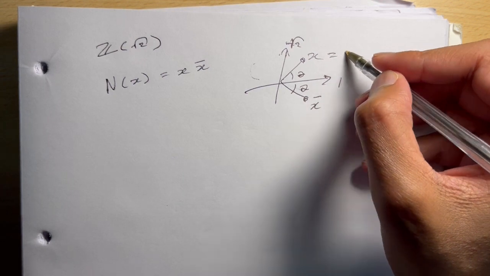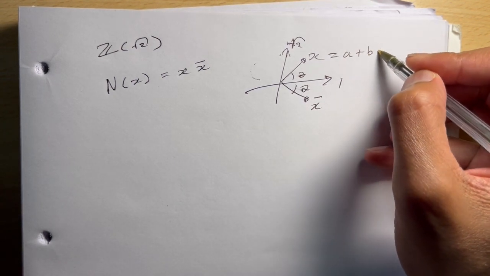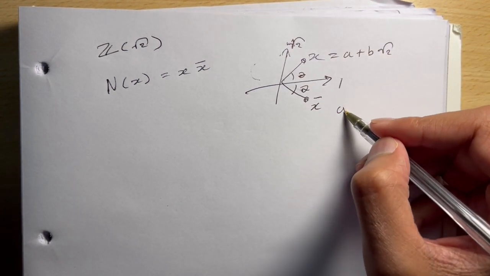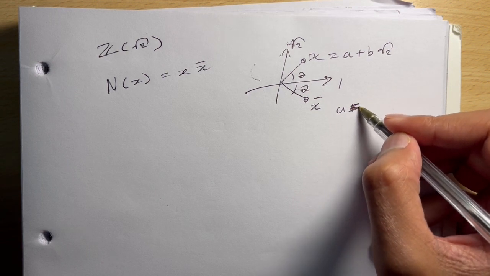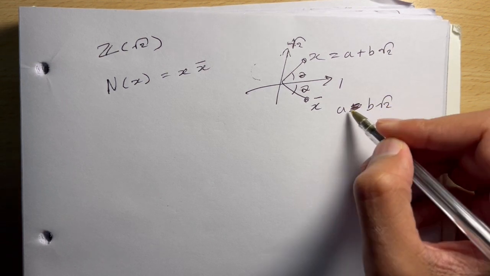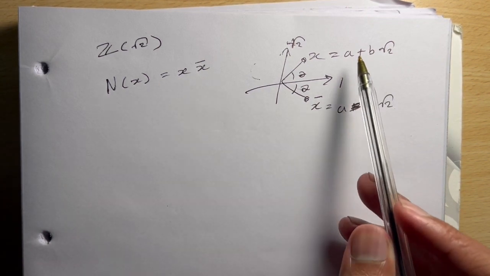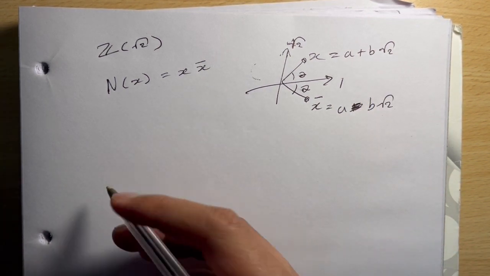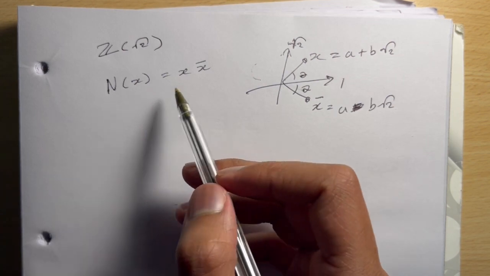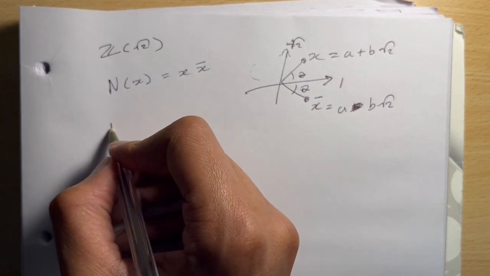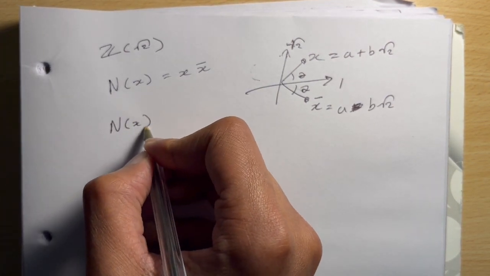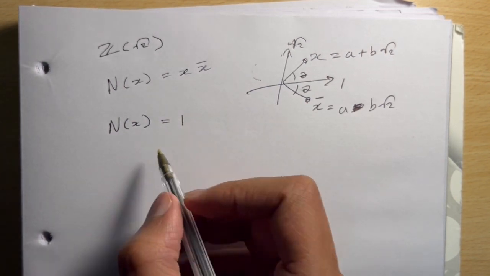Okay, so it had the square root of 2 is what's getting negatified. So if this is a plus b square root of 2, this would be a minus b square root of 2. And if for nothing else, it's just so that when you multiply, you get the Pell equation. And we see that the Pell equation is really just asking for all x with norm equal to 1.